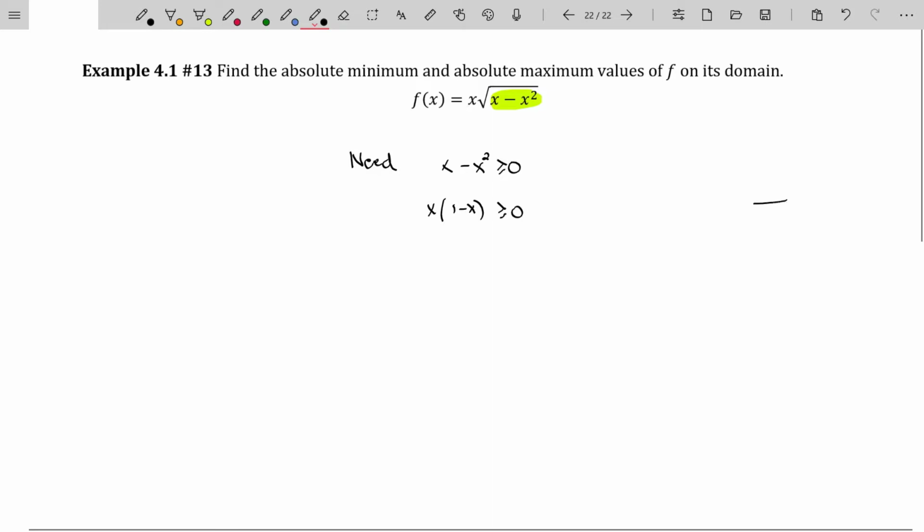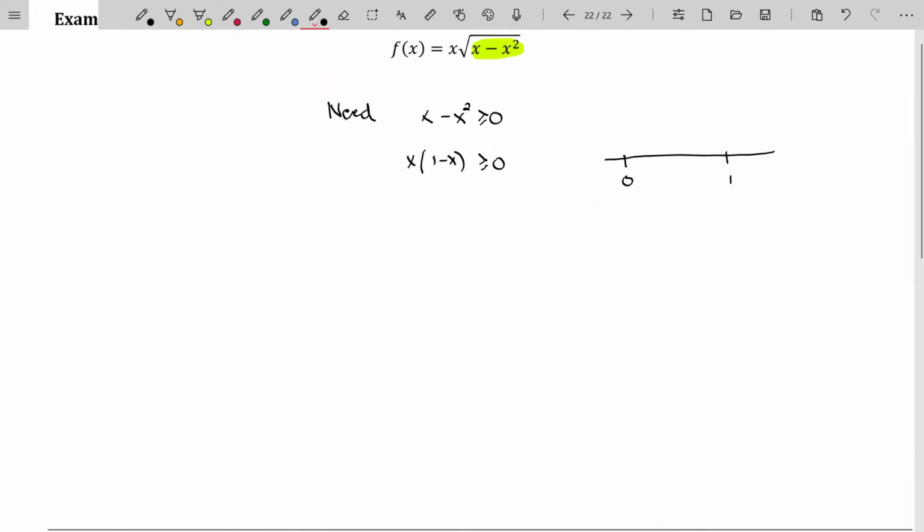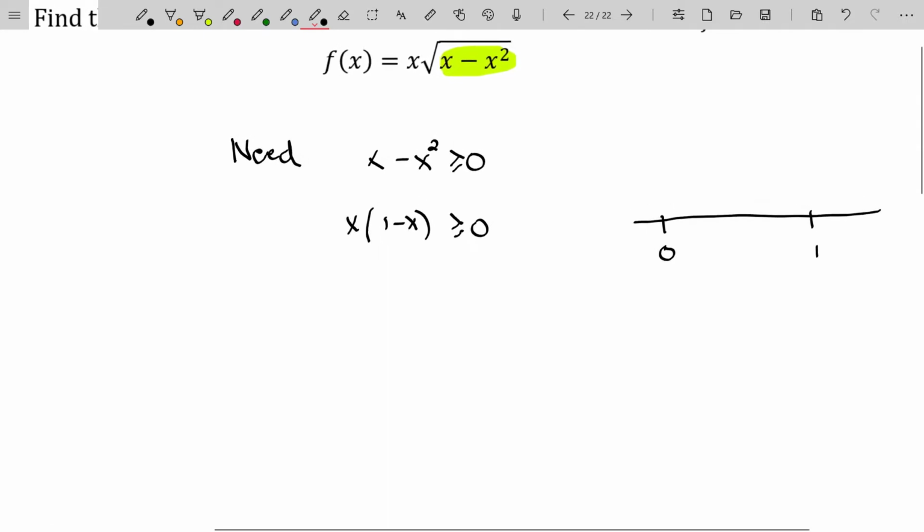If you plot those numbers on a number line, 0 and 1, when I say those numbers, I mean where those turn into 0. And test points, test a point like -10. You'd get a -10 here, times 1 minus a -10, which is a positive value there, and you'd get a negative number over here, which is not what you want.